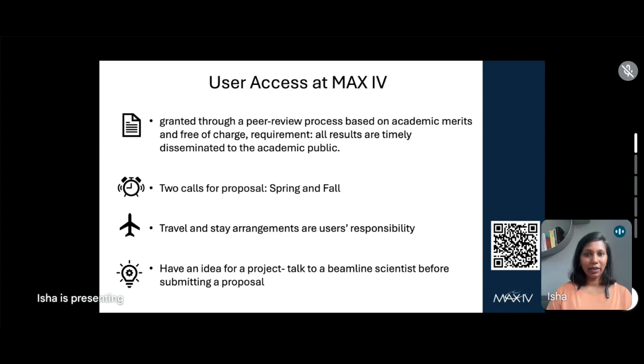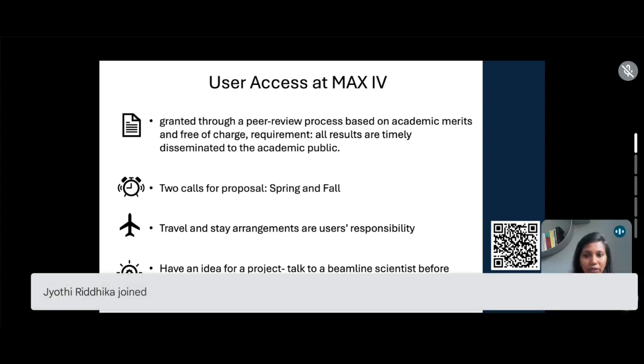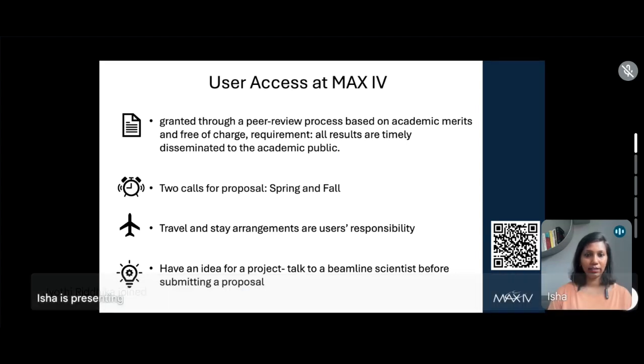Having said that, MAX IV does not have any such collaboration right now with India, so travel and stay arrangements are the user's responsibility. But if you have an idea for a project and you think you can manage the funding for your travel and stay, you can always talk to a beamline scientist before submitting a proposal. And it's true, I think, anywhere in the world. It's not only true for MAX IV, but everywhere.